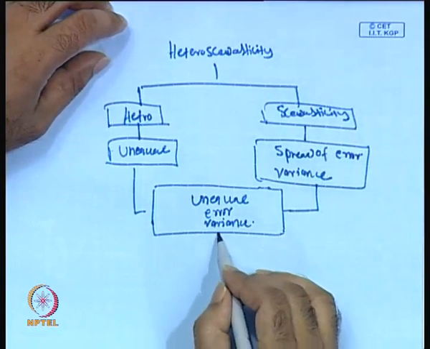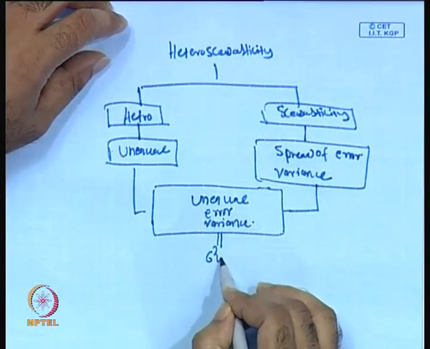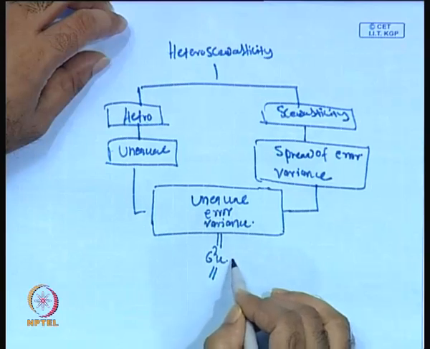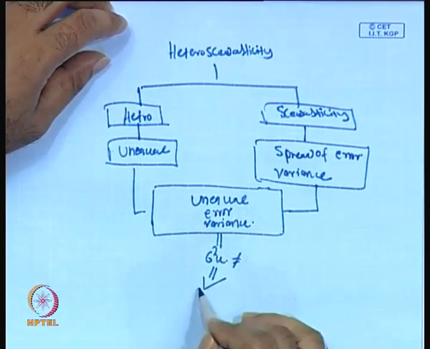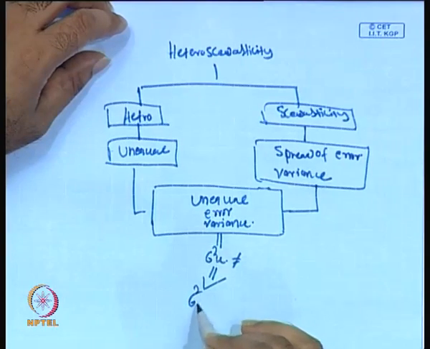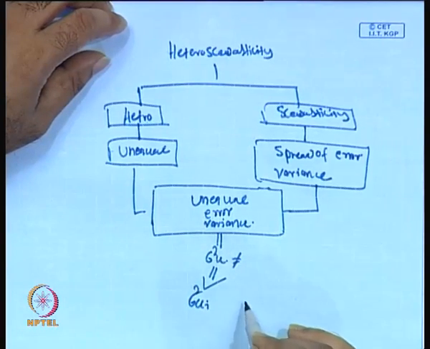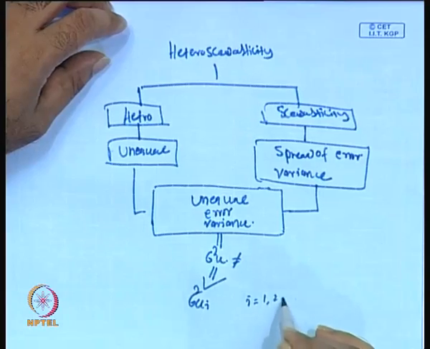So we need sigma square u, but now it cannot operate like that. It cannot be a single u. It will be sigma square u i, so i is 1, 2, 3, 4 like this.